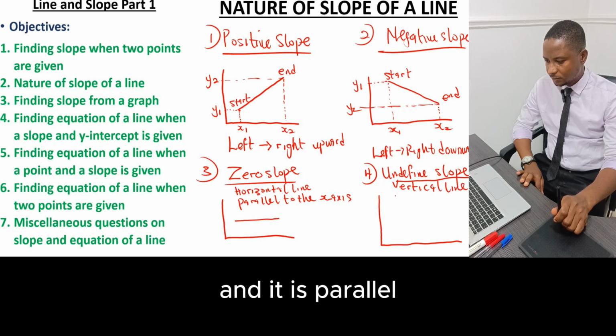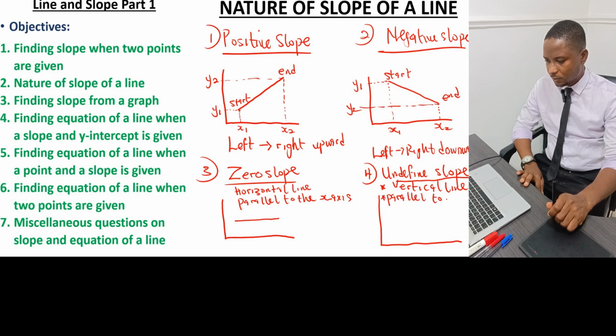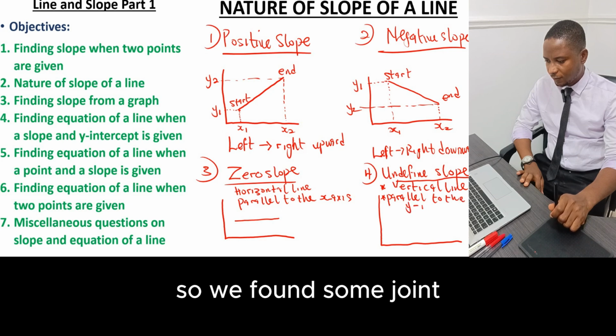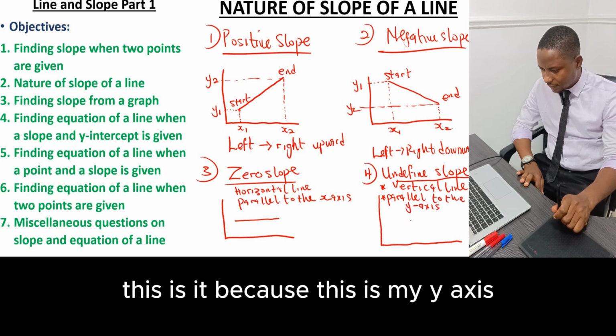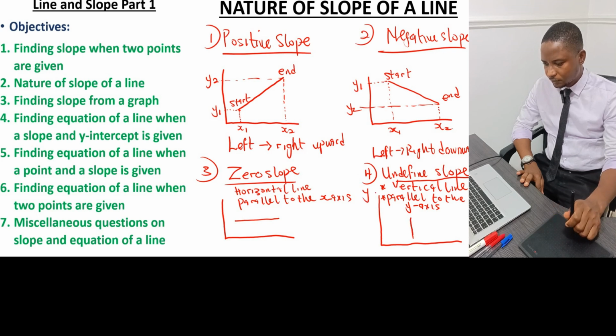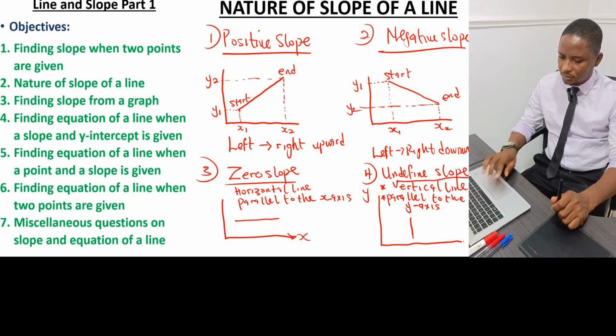And it is parallel to the y-axis. So if I want to draw it, this is it, because this is my y-axis. And I believe this is clear to you.